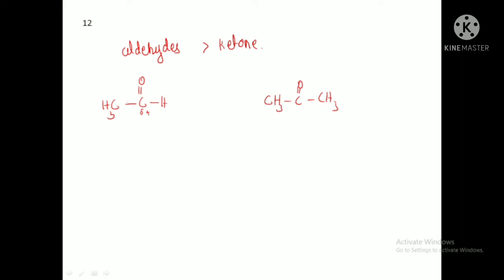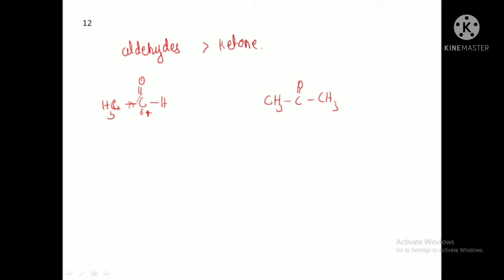But due to the plus I effect, this CH3 donates electrons and neutralizes some positive charge on this carbon atom. If the amount of positive charge is greater, the nucleophile can easily attack this carbon atom. Here, because of the plus I effect, the electron donating effect, this CH3 is neutralizing some positive charge.